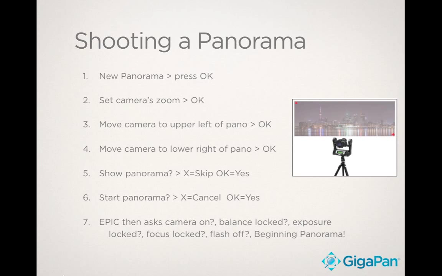Your exposure, you want to make sure that your exposure is locked. Basically, in a scene, especially if you have a really contrasty scene, there's going to be things that are really bright and things that are dark. And you want to try and capture the best you can.